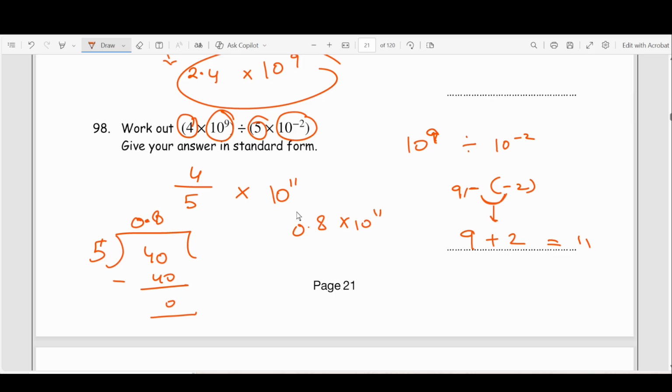To convert it into standard form, the number before the decimal should be less than 10 but greater than or equal to 1. 0 is not, so we make it 8.0. And because we are increasing this, we need to decrease the power to keep the balance. So 11 minus 1 is 10, and that's our answer. Is that clear? Yes.